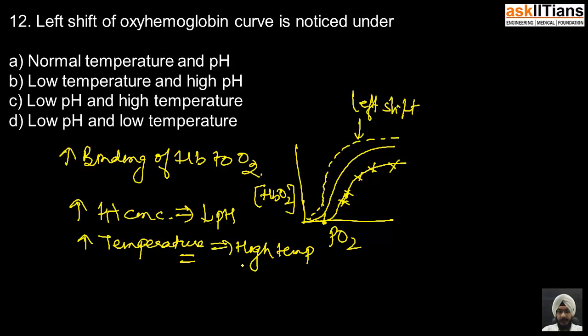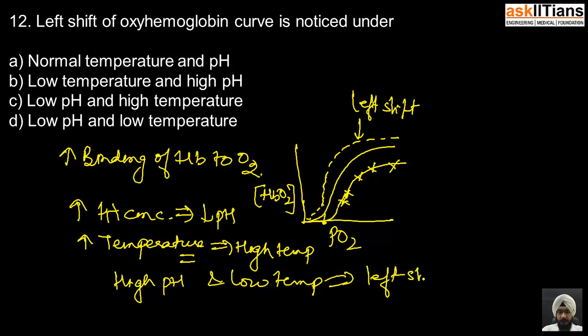So decreased pH and high temperature will lead to the rightward shift. The opposite of this, which means high pH and low temperature, will lead to the left shift. So from this, option B is correct, which is low temperature and high pH. Let's move on to the next question.